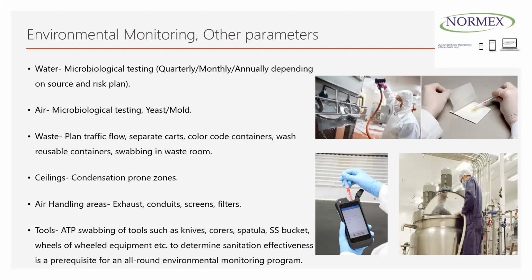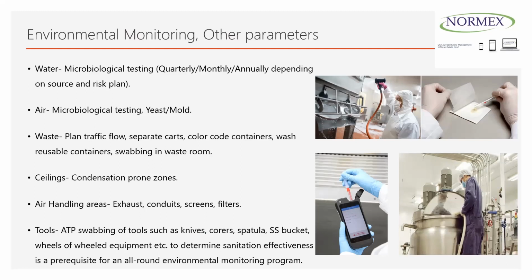So always plan a traffic flow, have separate carts for carrying waste, have color-coded waste containers, color them black or purple, whatever, so that nobody else would use them for, say, sanitation chemical keeping, or for any other purposes.